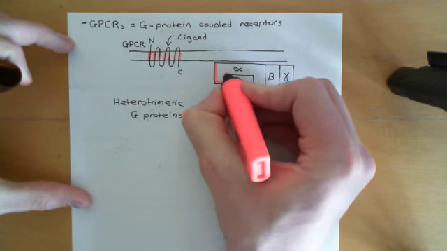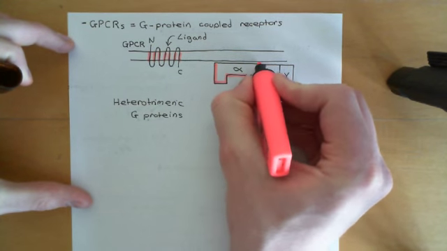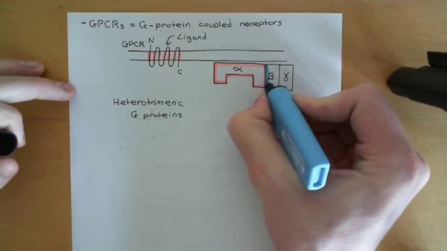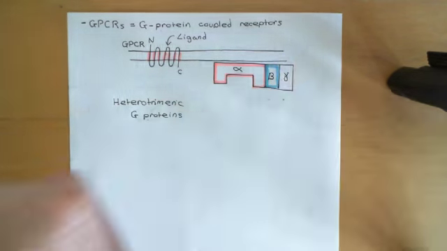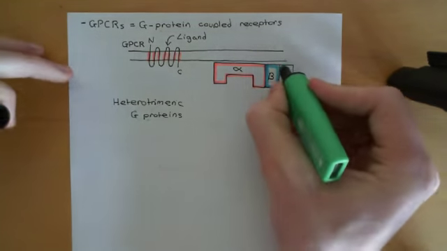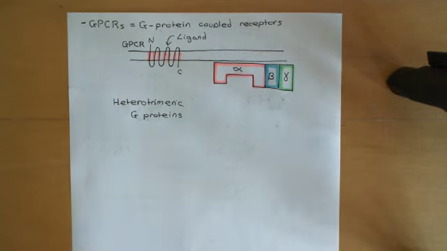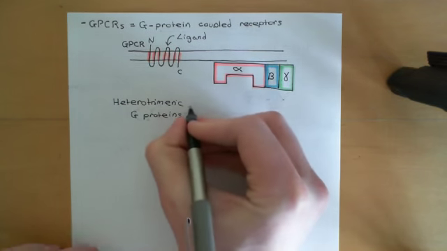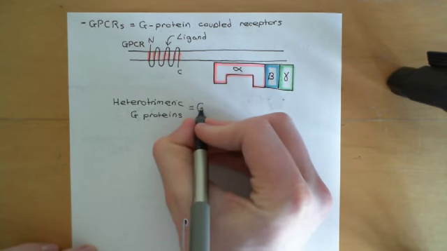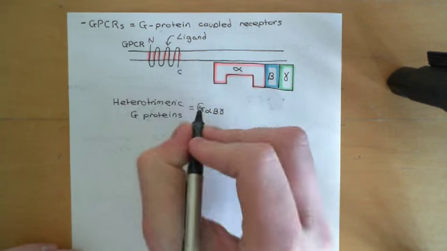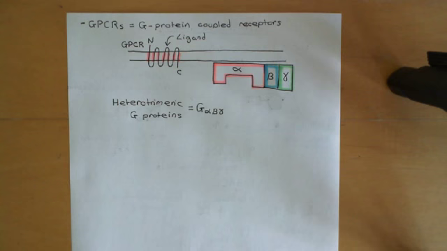So we'll have the alpha subunit here in red, the beta subunit here in blue, and the gamma subunit here in green. Heterotrimeric G proteins, for short, are often abbreviated to G alpha beta gamma because they have an alpha subunit, a beta subunit, and a gamma subunit.